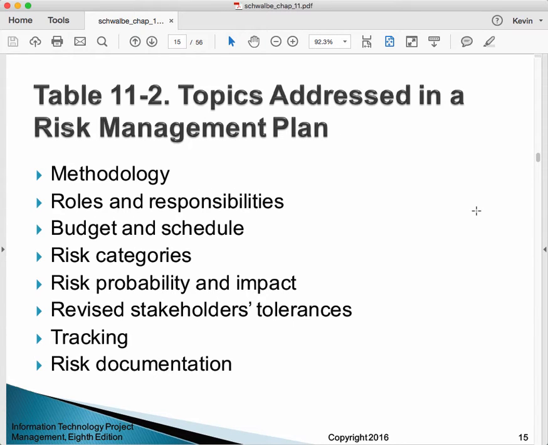Topics addressed in a risk management plan: a methodology, roles and responsibilities, budget and schedule, risk categories, risk probability and impact, revised stakeholders' tolerances for risk, tracking, risk documentation. Okay?